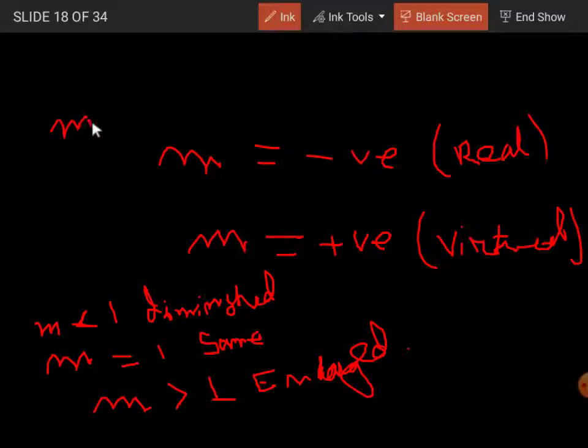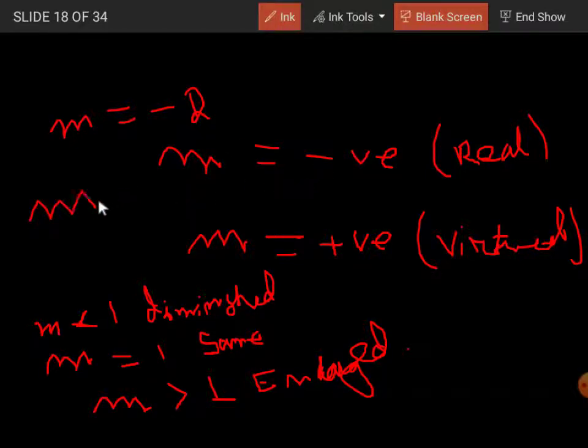Suppose your m, after calculation, comes out to be -1. The minus represents real, so the image is real. If it is real, it will be inverted. The 1 represents that the size of the image will be the same as the size of the object. And if it is coming out to be, say, -2, that means minus represents real, 2 represents enlarged.